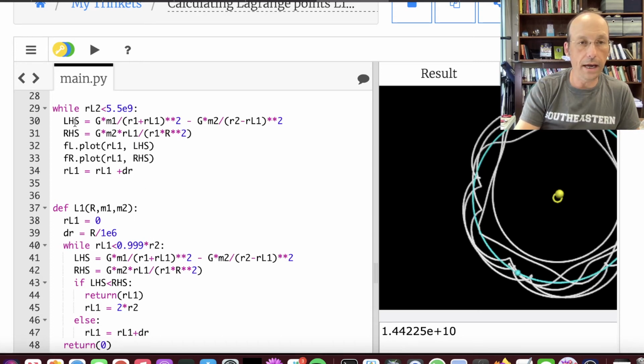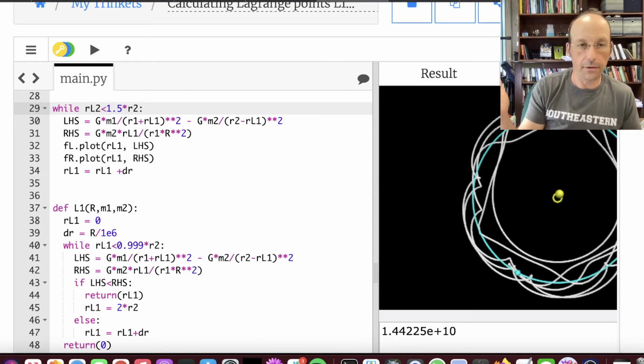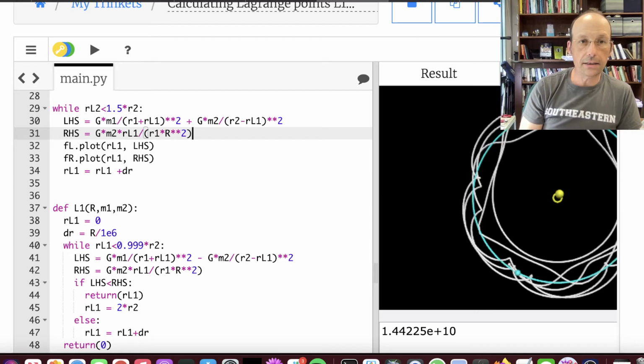Now how far do I go? Let's say while this is less than, I'm just going to pick 1.5 times R2. I don't know if that's going to be enough or not. Okay, so left-hand side, that's the same. I just need to change this to a plus. Right-hand side, I need to change these to RL2s.